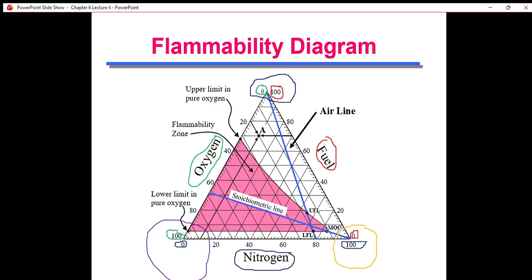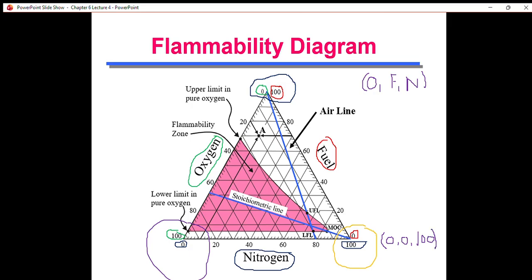So now if I want to use this, let me call it oxygen, fuel, and nitrogen. At this point, the oxygen concentration is equal to 0, the fuel concentration is equal to 0, and the nitrogen concentration is equal to 100.